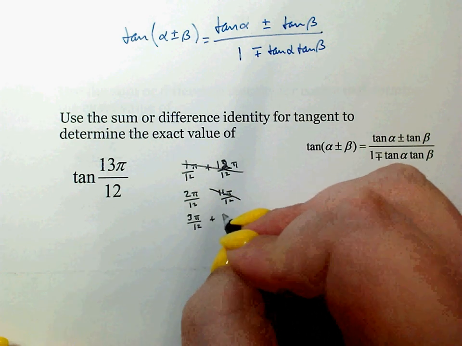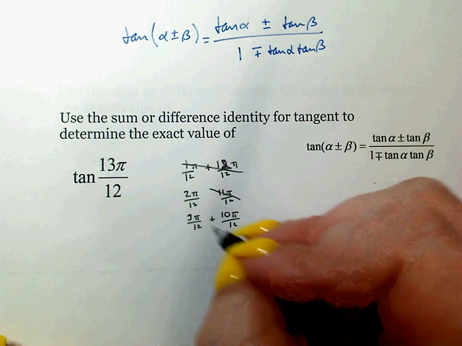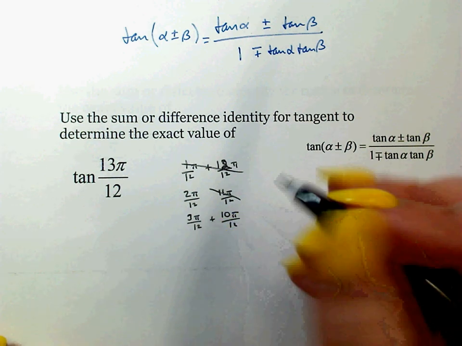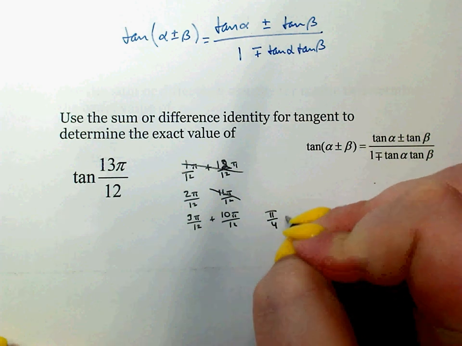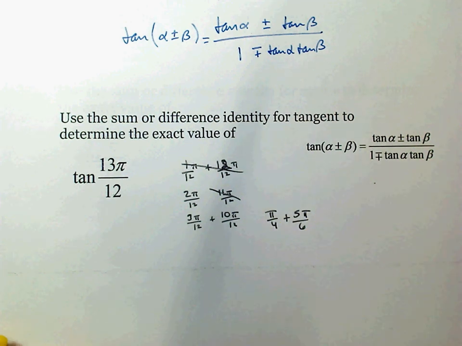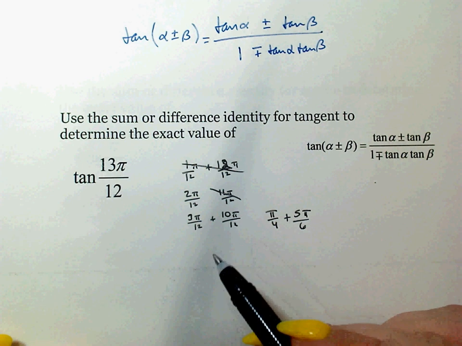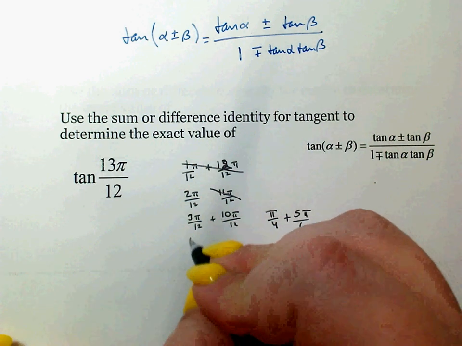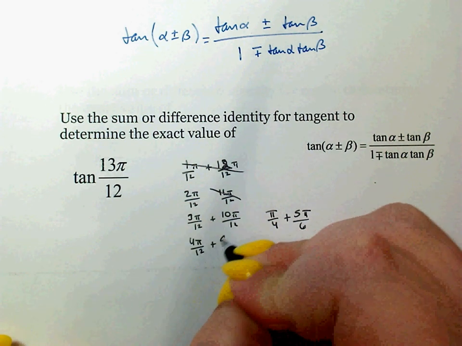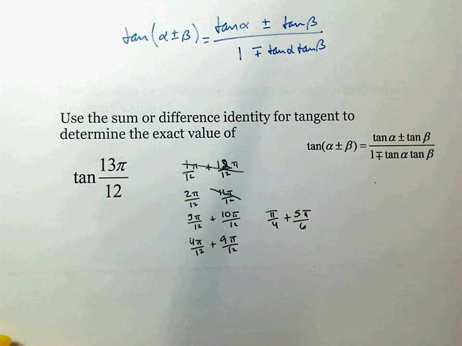Okay, 3 12ths is 1/4, and 10 12ths is 5/6. So that's pi over 4 plus 5 pi over 6, and that would work. Those are two angles that add up to 13 pi over 12 that I can use because they're all in the unit circle. 4 and 9 would have also worked, because that's 1/3 and that is 3/4. It's just whatever you see, but I'm going to go ahead and use this one.